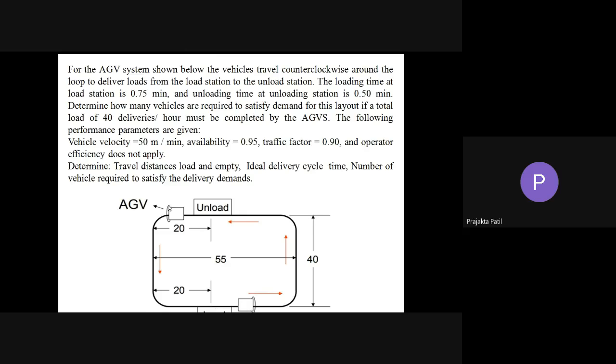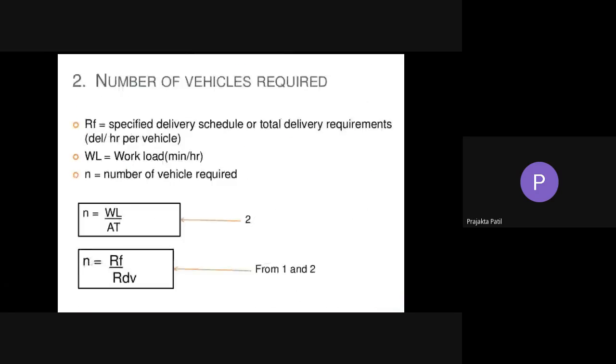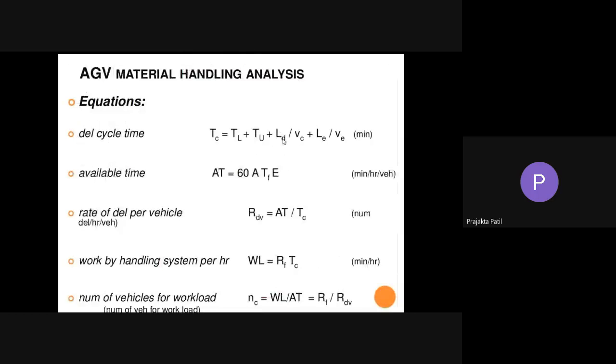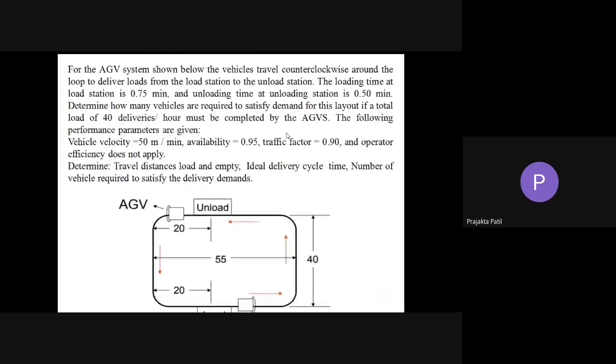Here you can see there is something mentioned, this is 20, 20, 55, 40. So what does this specify? This specifies the distance, right? So first I have to calculate what is LD, that is the total distance during the loading, right?